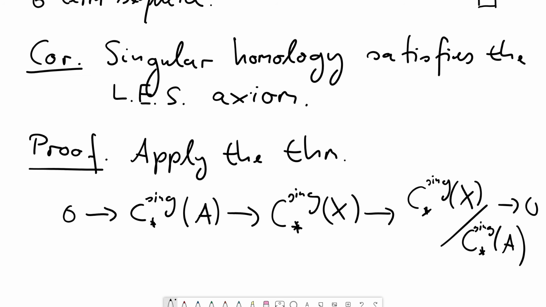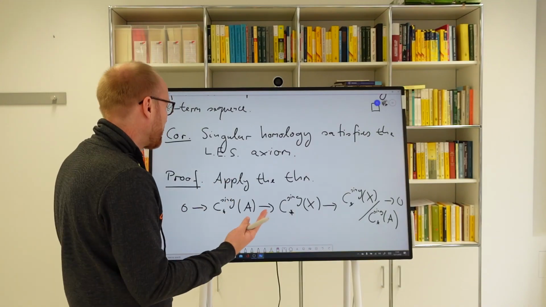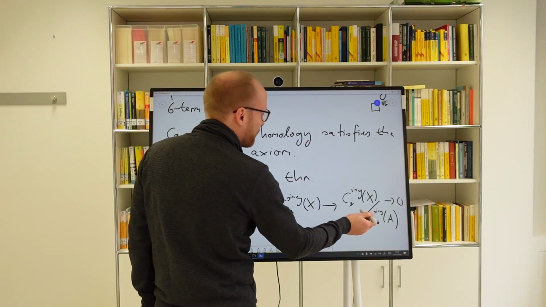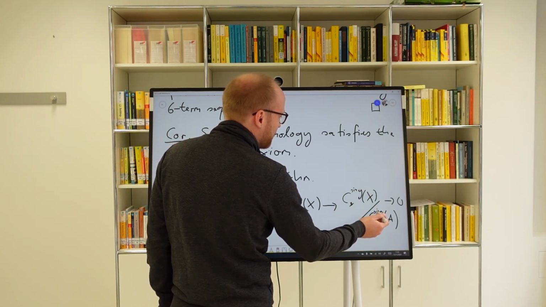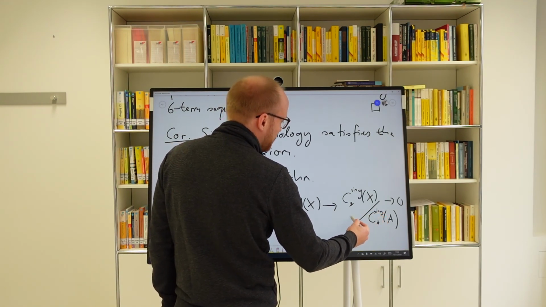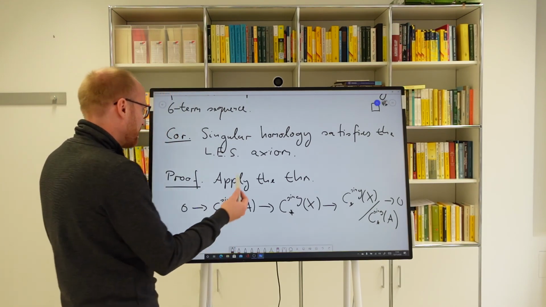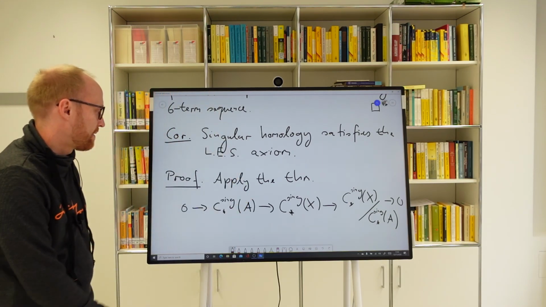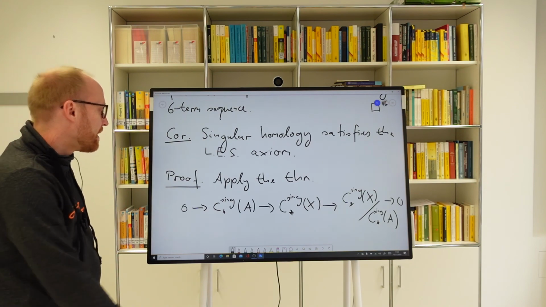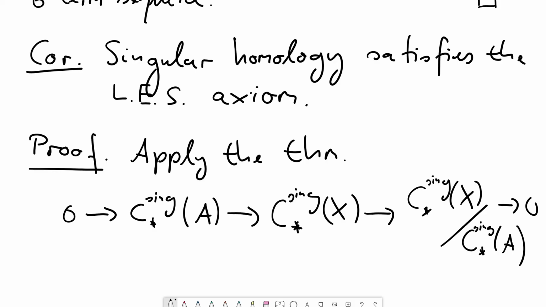And now we see that all our definitions we made previously match perfectly, because the relative singular homology introduced in a couple of videos before was just the homology of this chain complex. So therefore, the exact sequence that's stated in the upper theorem is precisely the singular homology long exact sequence that we want.